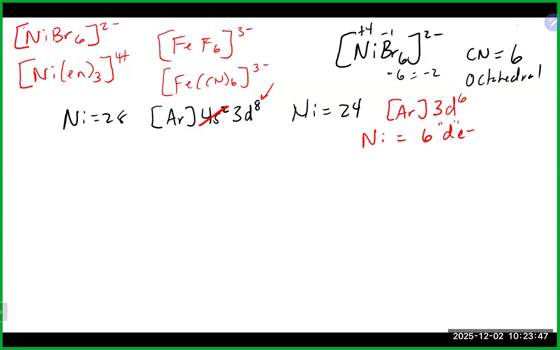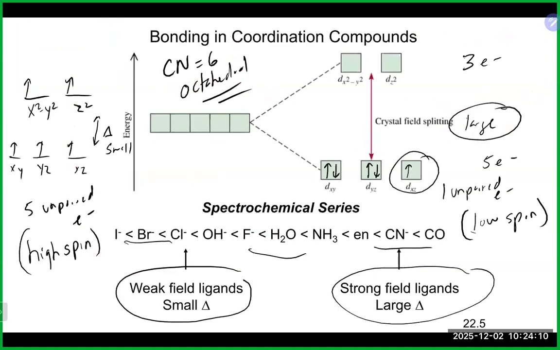Because this is a coordination number of 6 and octahedral, we're going to get the exact same splitting that we saw, which is our 2 up on top, our squared guys, and our 3 that are on the bottom. The other important thing is the ligand that is present. So we want to look at the ligand and come over here, and we definitely see our bromine on the weak side. And that means we're going to get a small splitting of those orbitals.